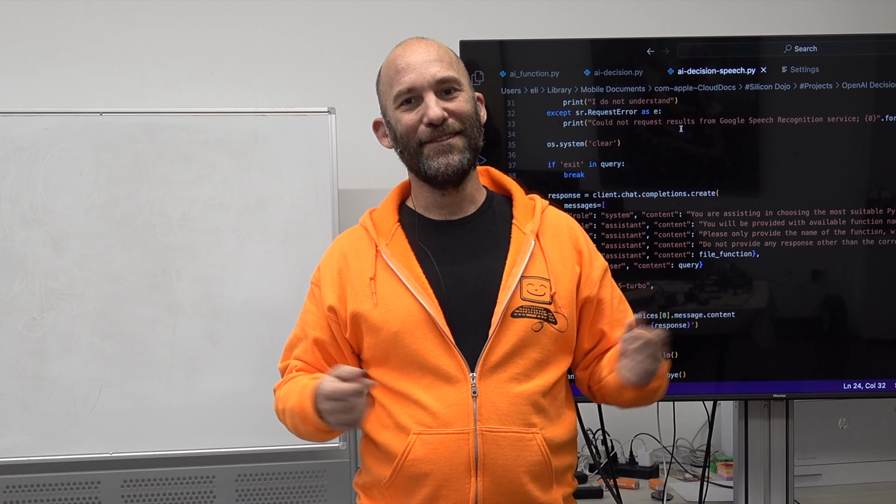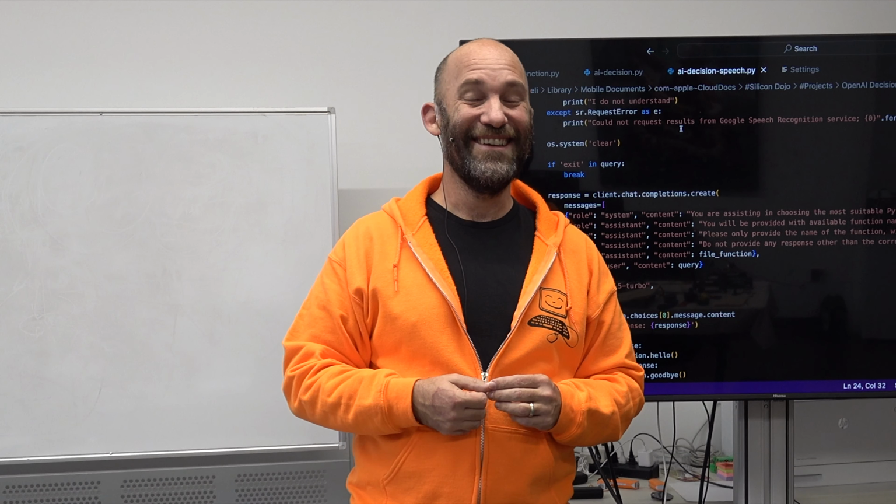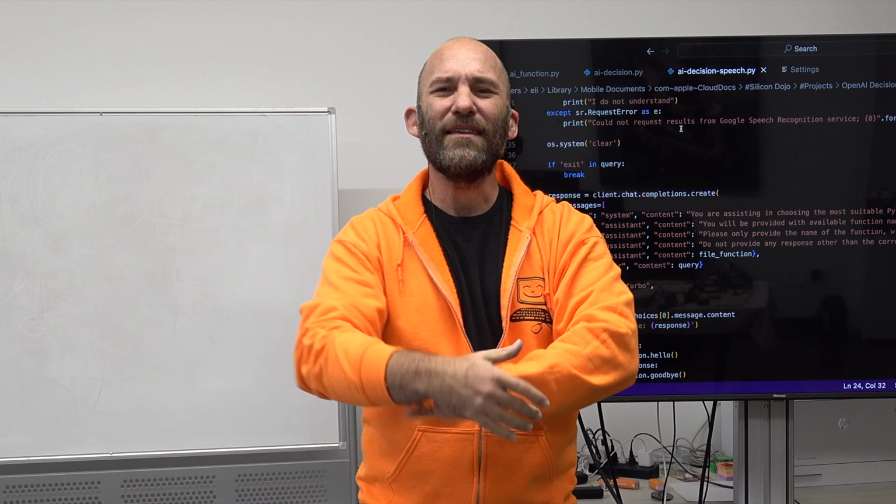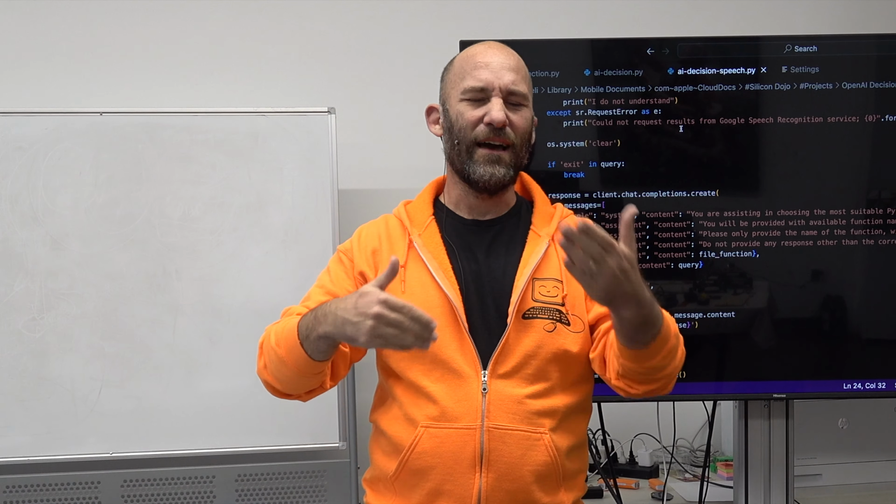Are they going to destroy the world? No. Are they more dangerous than nuclear weapons? No. Is their use case surprisingly small? Yes. And I think that's one of the things you need to be thinking about with any kind of technology that comes out, whether it's artificial intelligence, quantum computing, anything else: how does this fit into the system that you're going to be building out?